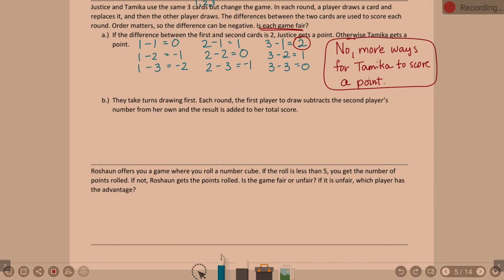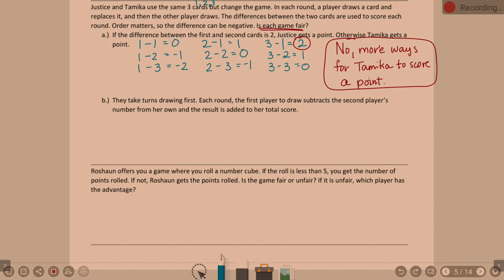Is that fair? Yes. Because you're not looking for a certain number, it's just whatever. It's all random. So each card has a 1/9 chance of being pulled, and then it's an equal chance for you to get whatever points you get.